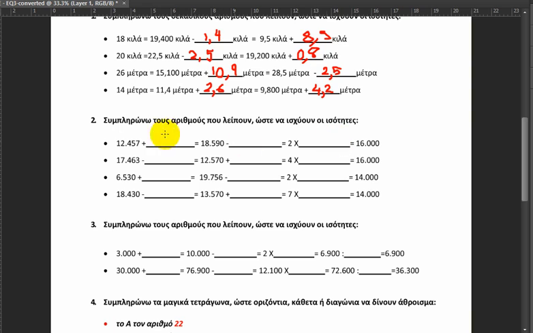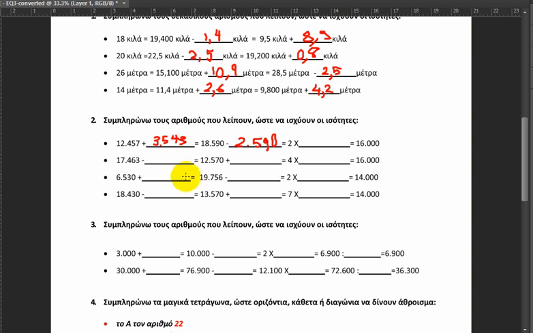12,457 to 16,000. The difference is, let's find the difference, 3,543. Whereas the difference with 18,590 is 2,590.